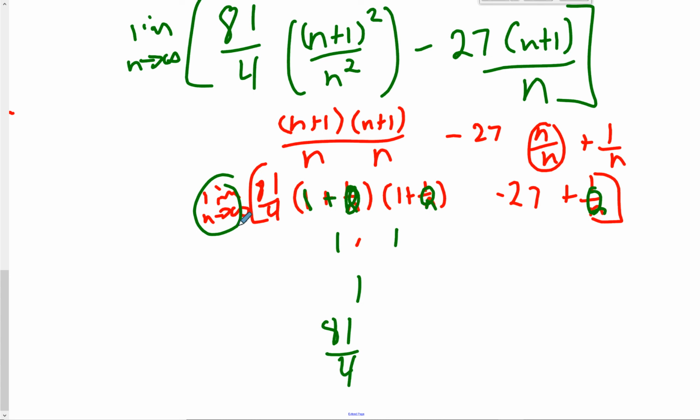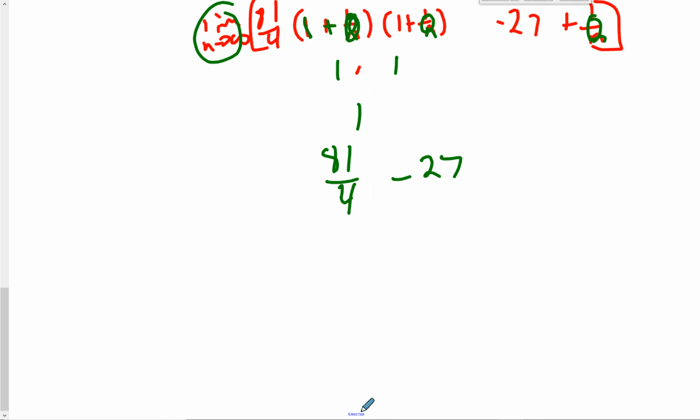And so there's my constant, limit of a constant is still a constant. This will be just negative 27 plus 0, it's just negative 27. So this is negative 27. Find a common denominator, or just reduce that. 27, put a 4 underneath here, have to times this by 4.